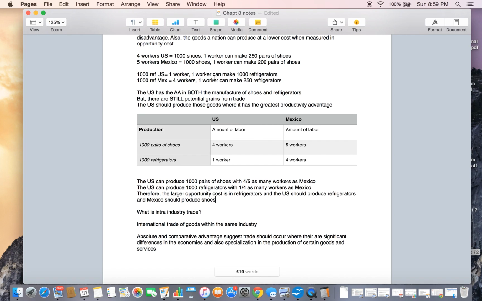Whereas if we move that one worker from shoe manufacturing, we'll lose 250 pairs of shoes, but we'll gain 1,000 refrigerators by moving one worker to refrigerators. So they have a larger opportunity cost. That is, it costs them more in terms of refrigerators to produce shoes, and therefore they should produce refrigerators, and Mexico should produce shoes.